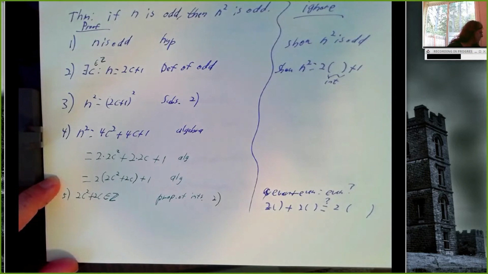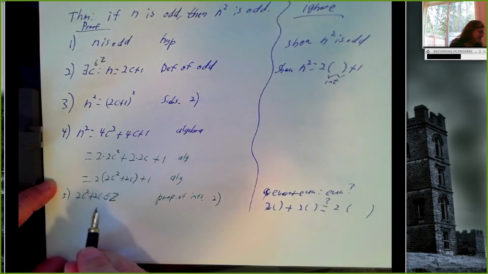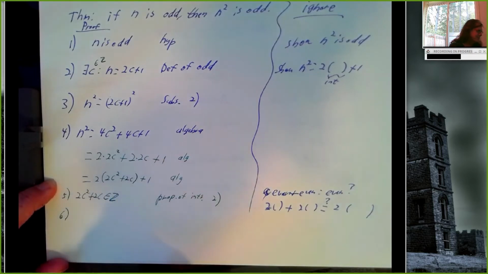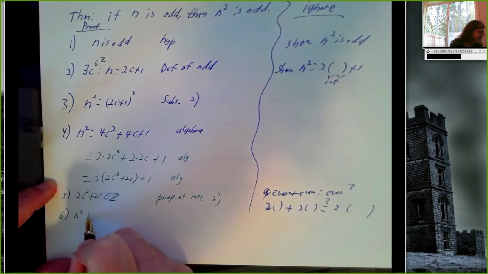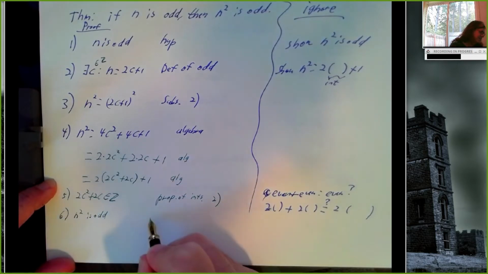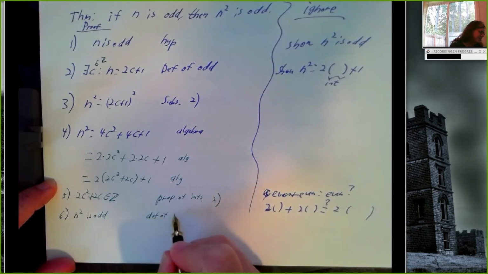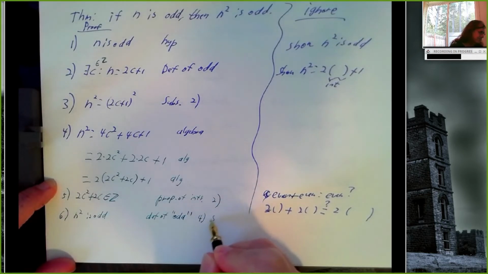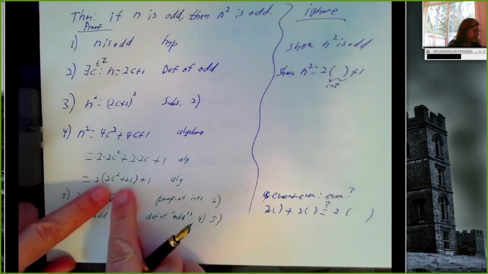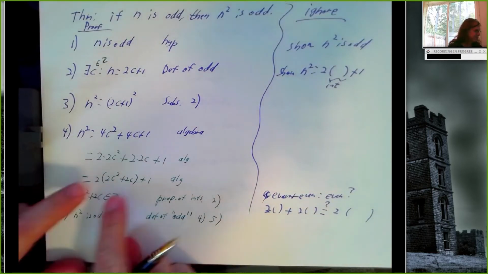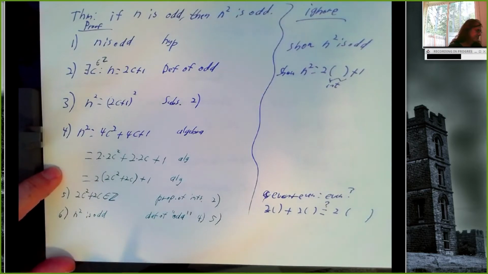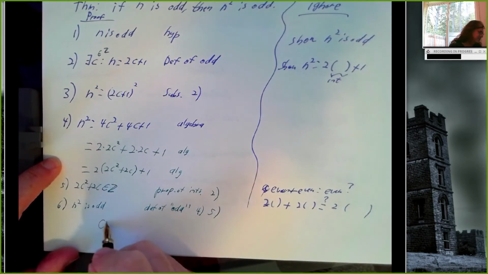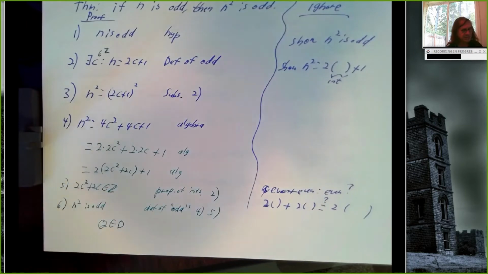That's the definition of odd. So this is contained in the integers, and again at that point we can simply observe n squared is odd, and that's the definition of odd, together with the fact that n squared is 2 times this thing plus 1, and this thing is an integer. And so that's a good proof for n squared is odd.